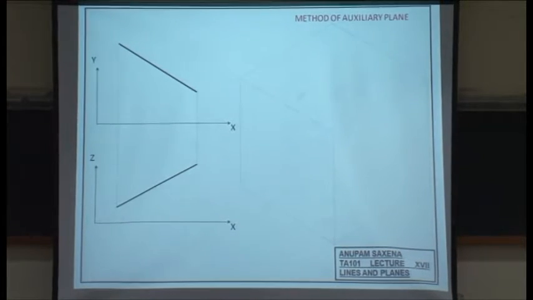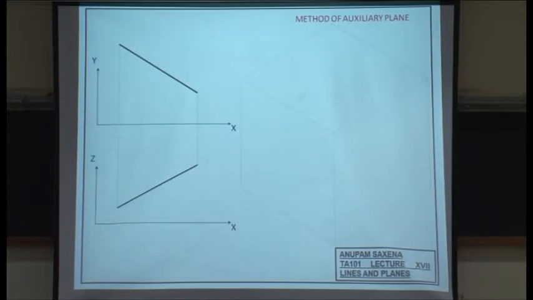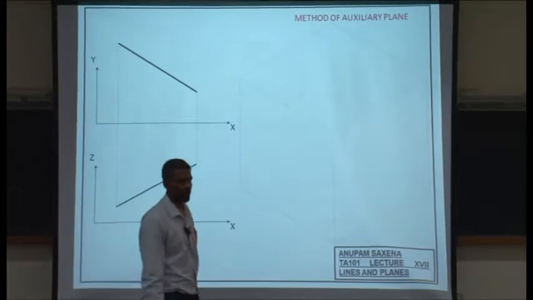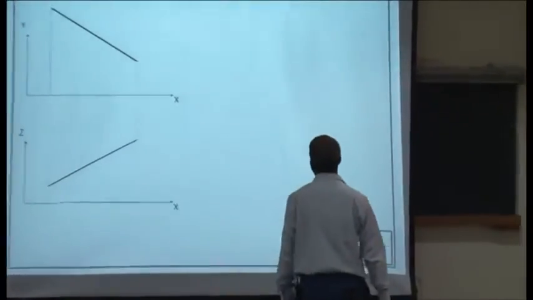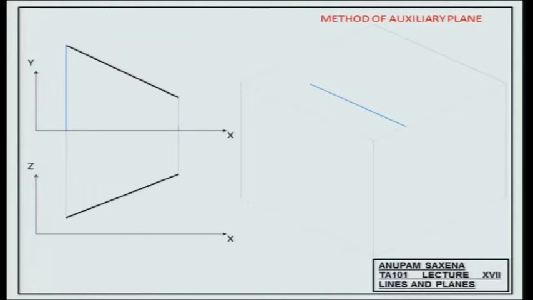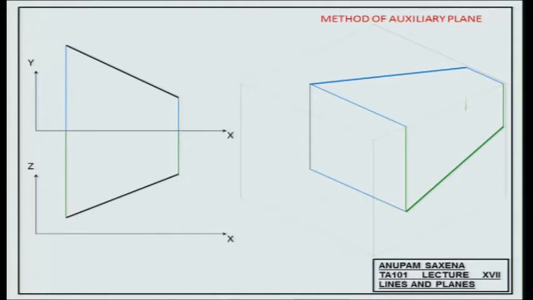So in this example, I have the projections of a three-dimensional line on the vertical plane and on the horizontal plane. I try to locate the actual three-dimensional line within a three-dimensional box. First I draw the projection on the horizontal plane, then the corresponding projection on the vertical plane, and then I extend those projections and get the actual three-dimensional line.